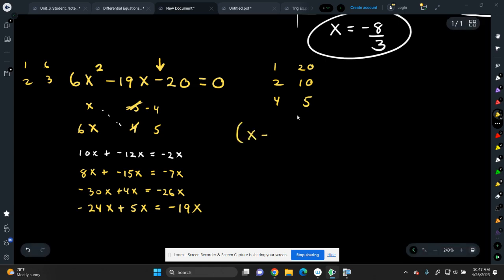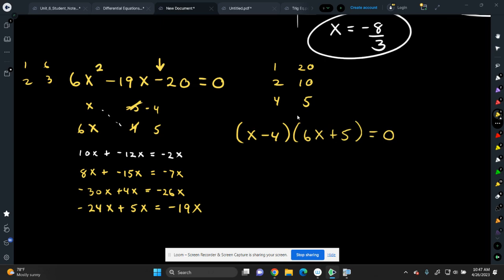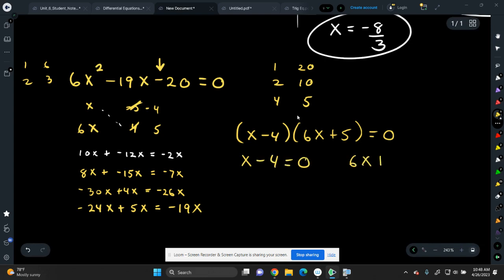So we have x minus 4 times 6x plus 5 equals 0. Now what? Set each one equal to 0. And then solve each equation, okay?